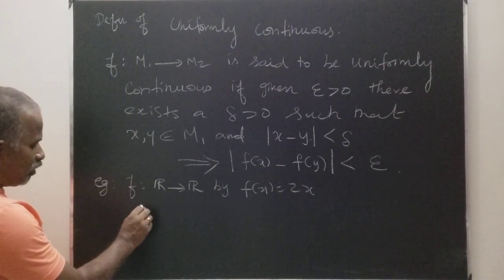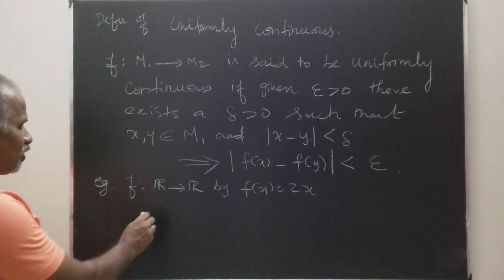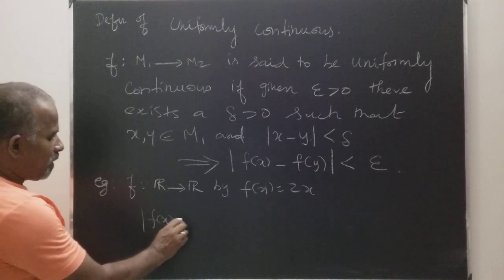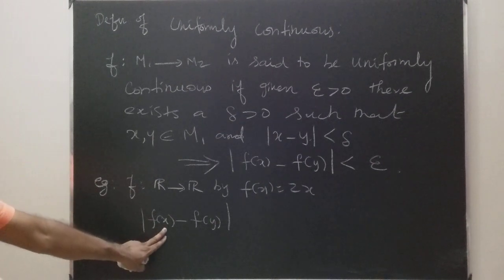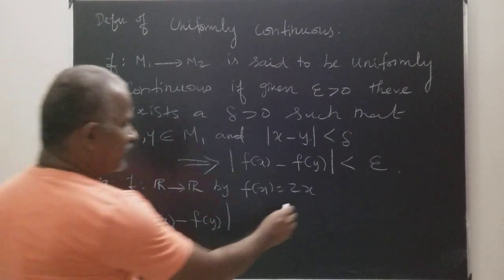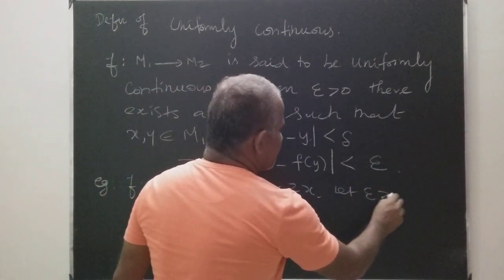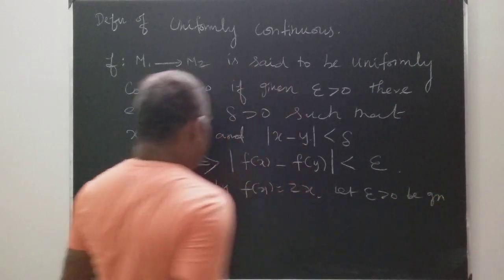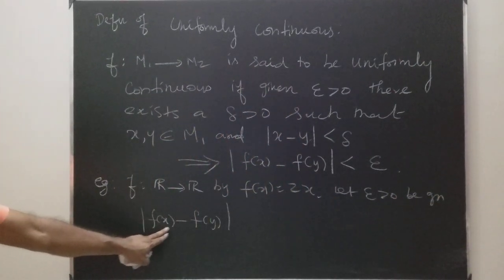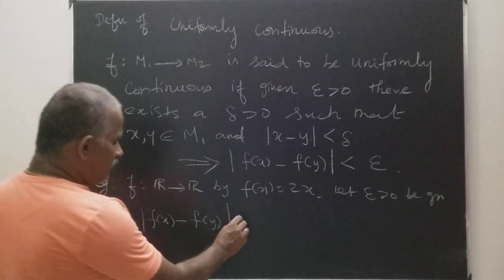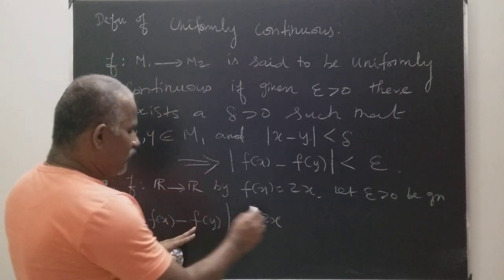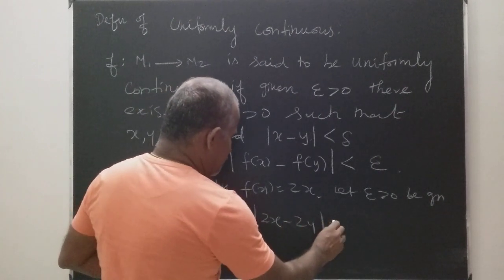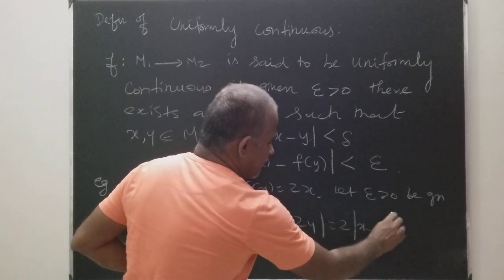Let epsilon greater than 0 be given. Modulus of f of x minus f of y is equal to modulus of 2x minus 2y, which is 2 times modulus of x minus y.